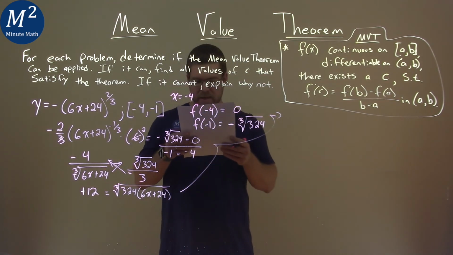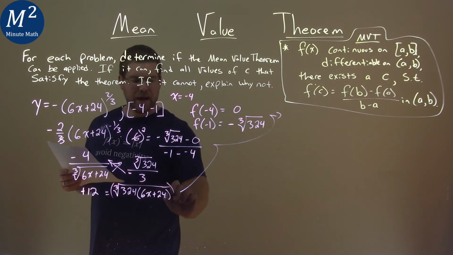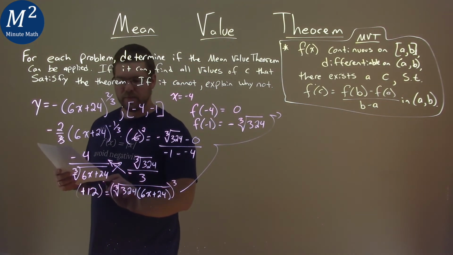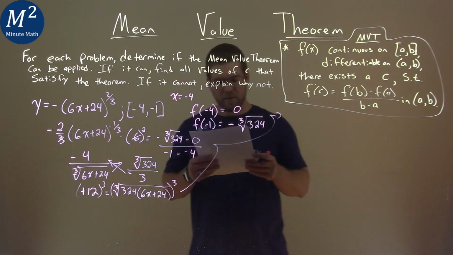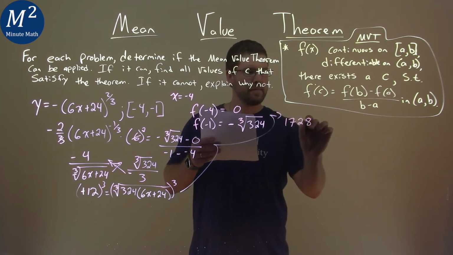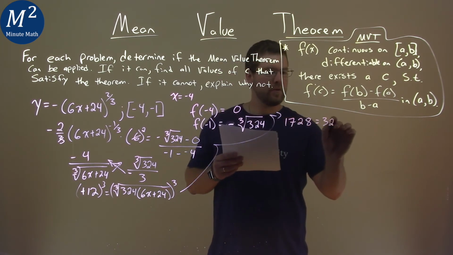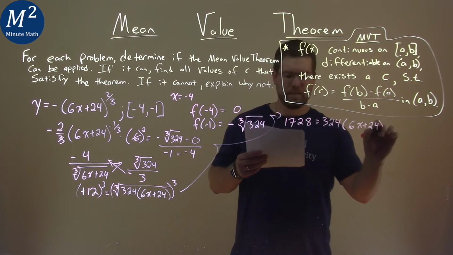Okay, and I think I skipped a step here. Oh, no, I didn't. All right. I'm going to take the third power of both sides to get rid of that third root. So, 12 to the third power is 1728, and that's equal to 324 times that 6x plus 24.